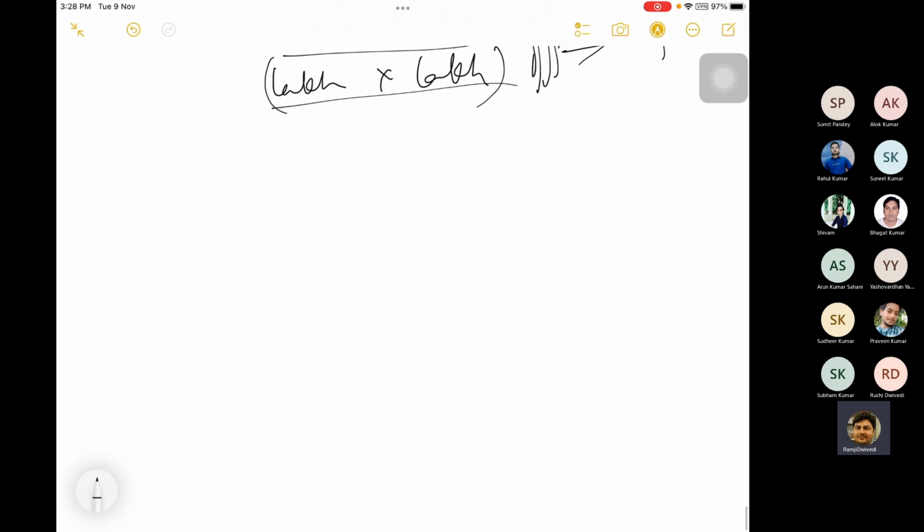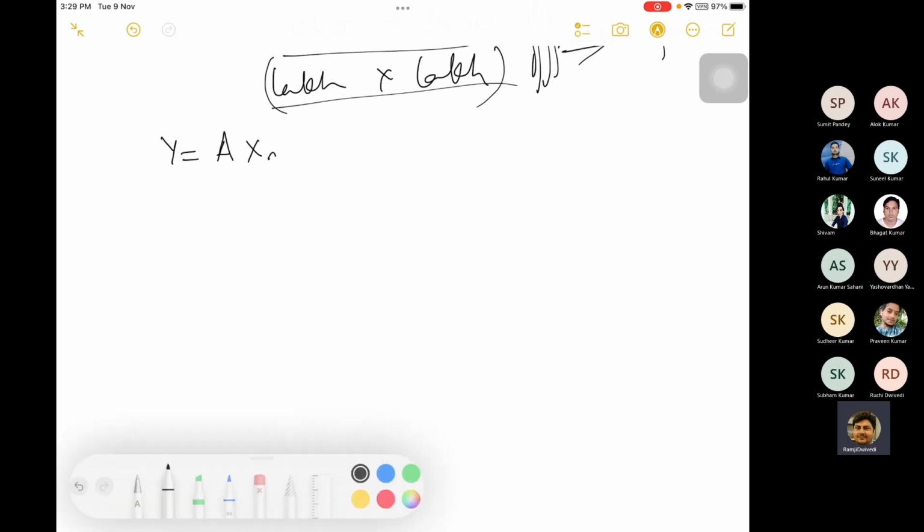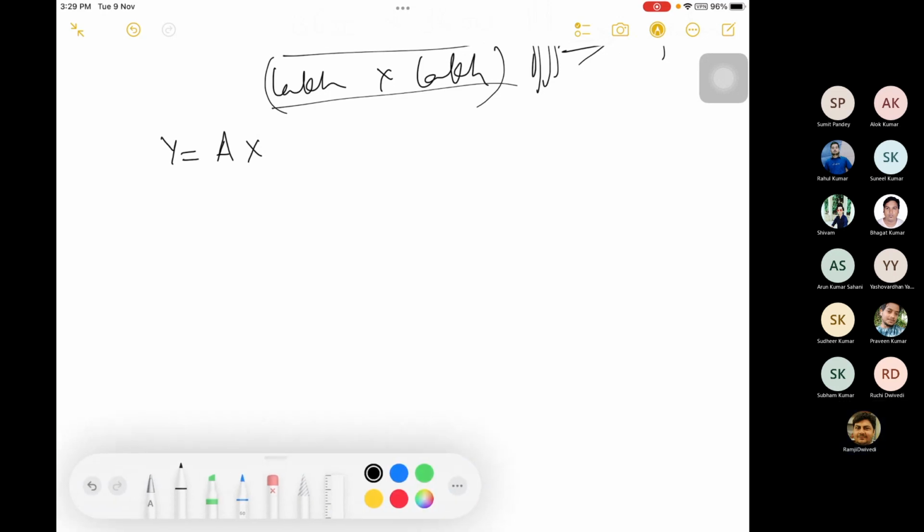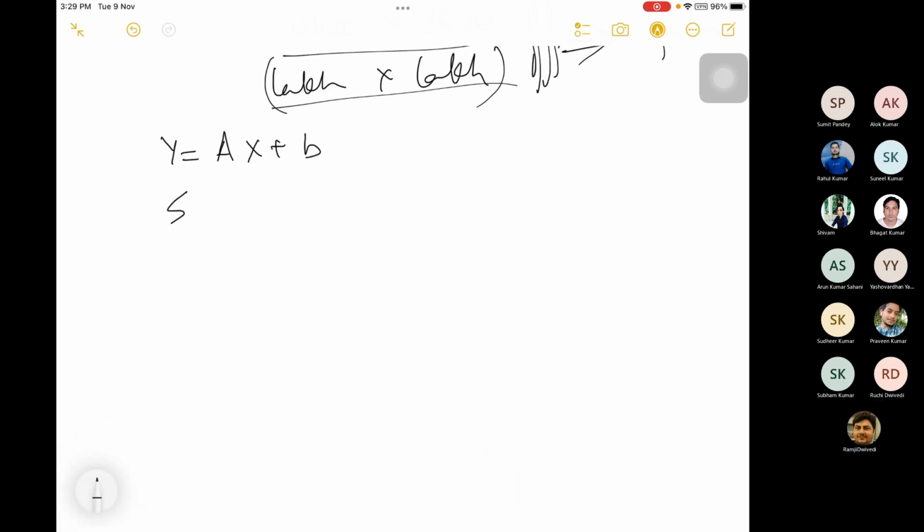Okay. So for the error analysis part, you have to understand and just quickly revise. If you have a linear function, y is equal to ax plus b, and if you have to find out sigma yy, bataiye.